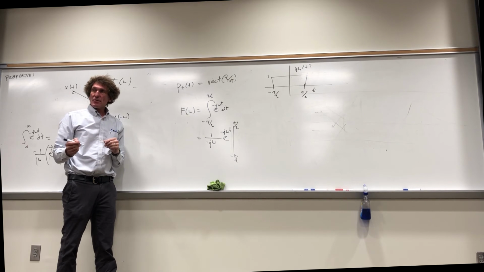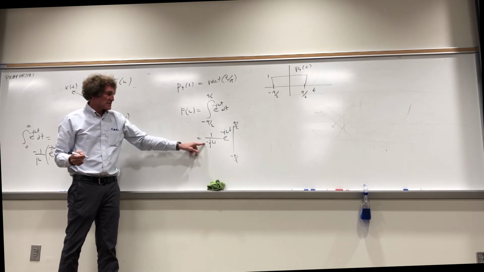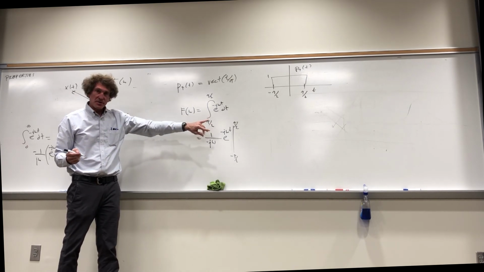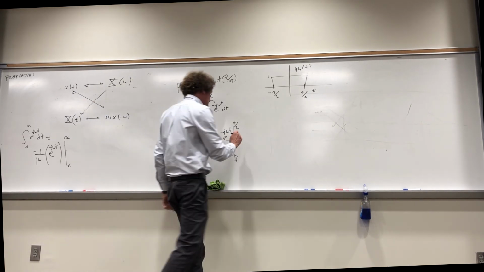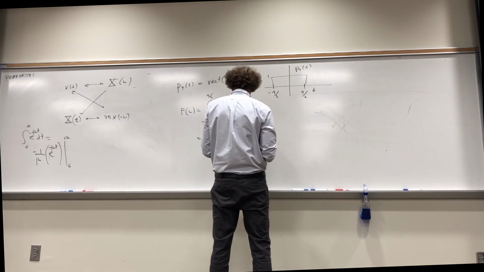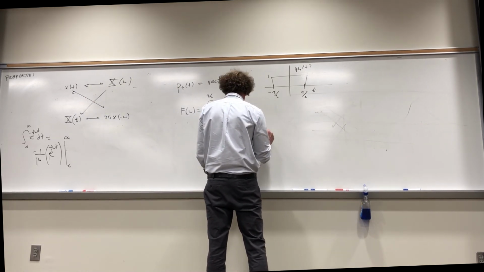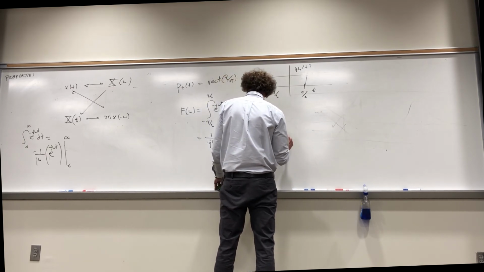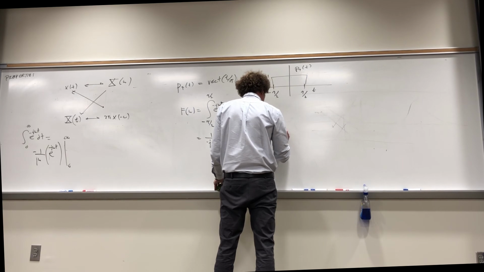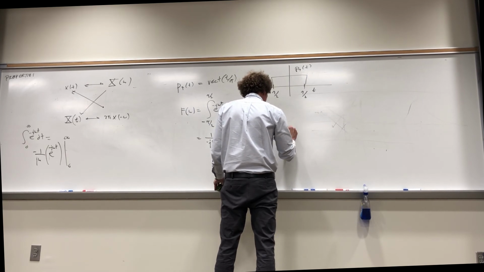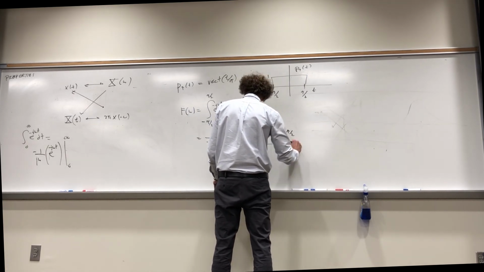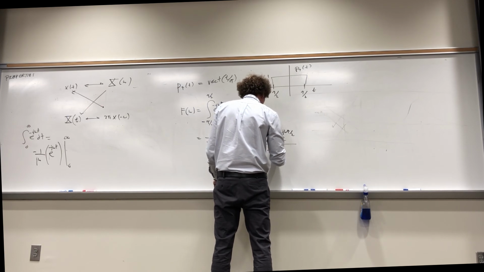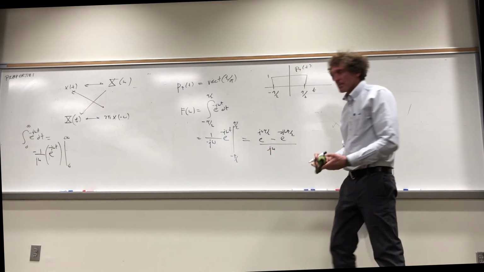Now what I can do, since this is a minus sign here, I can switch the limits and evaluate it. And I get this. Right? I get e to the j omega tau over 2 minus e to the minus j omega tau over 2 over j omega. Do you all agree with me there?